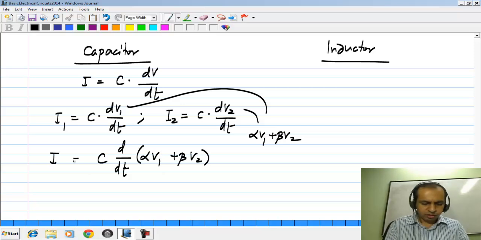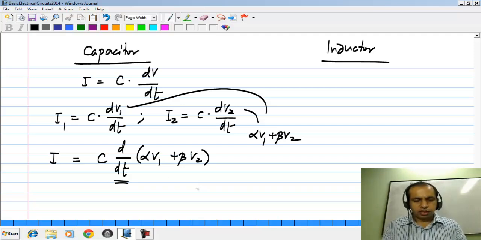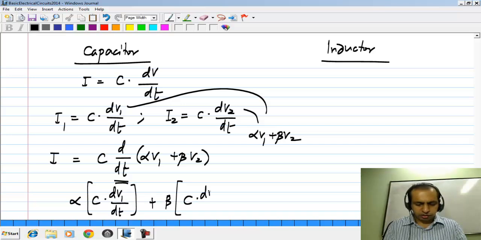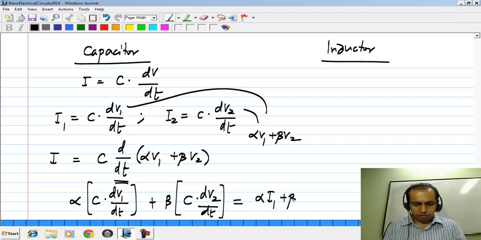the current, which because of the linearity of the time derivative, you can pull out as C times alpha times dV1 dt plus beta times C dV2 dt, which of course is alpha times I1 plus beta times I2.